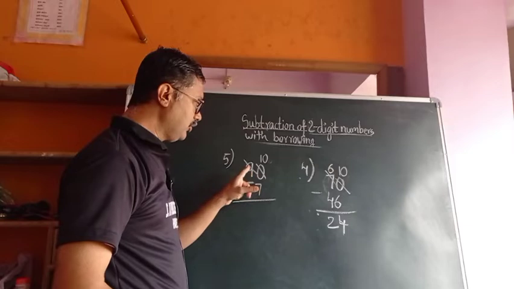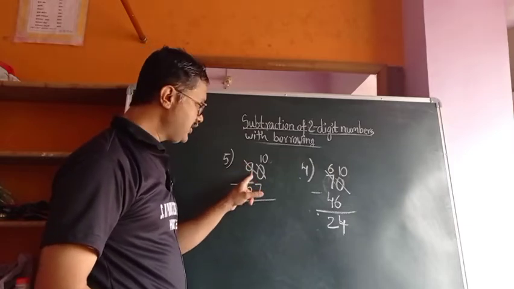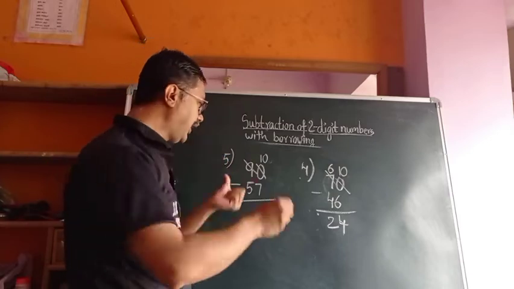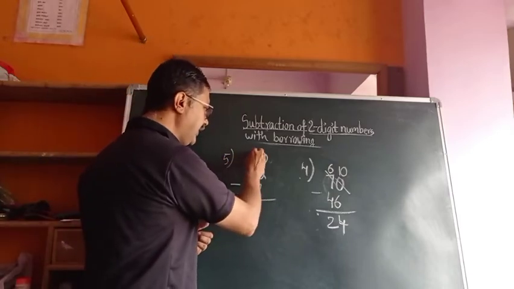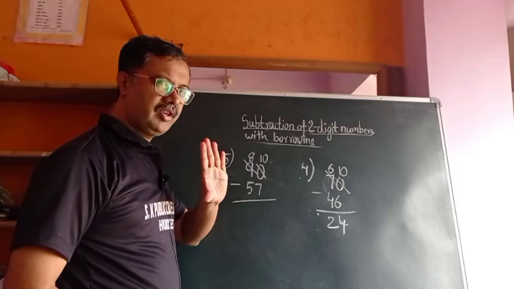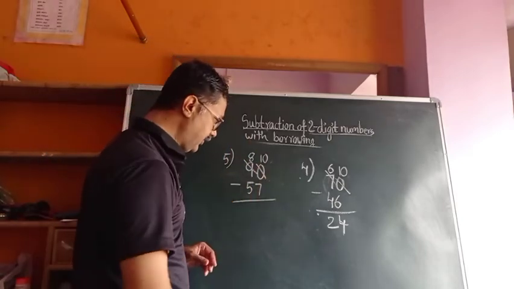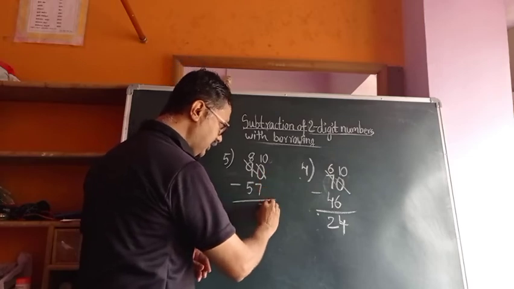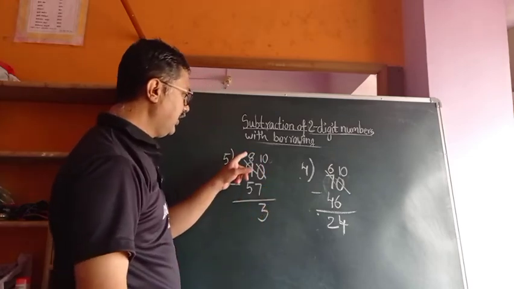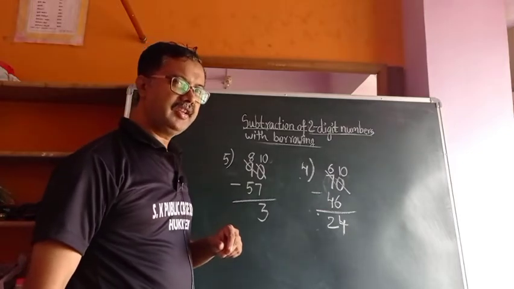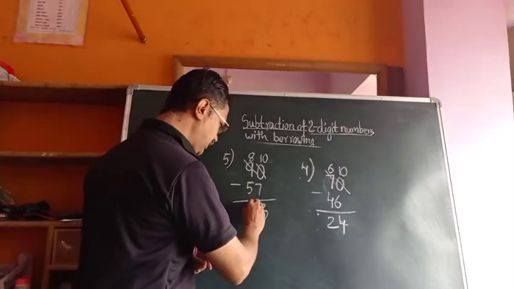Minus 1 you have to do, or backside of this number 9 is there, 9 backside number 8. Over now. Now we have to subtract. 10 minus 7, 3. 8 minus 5, 3.